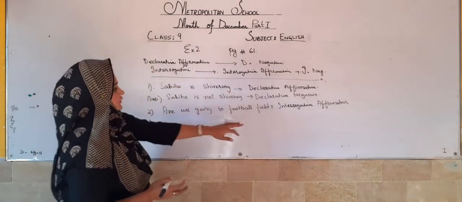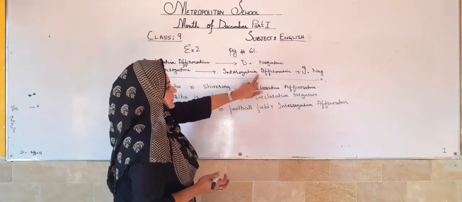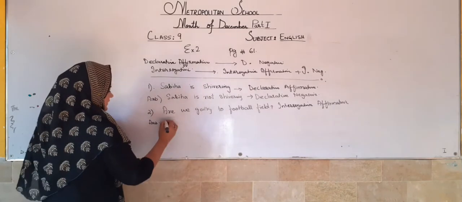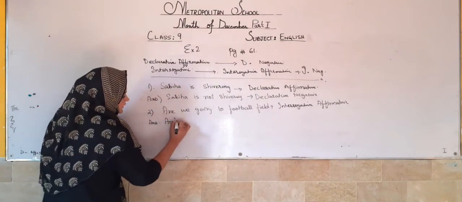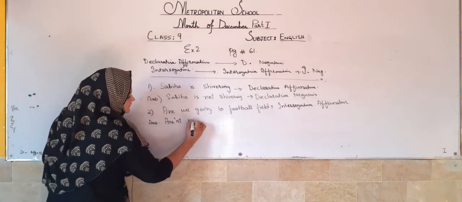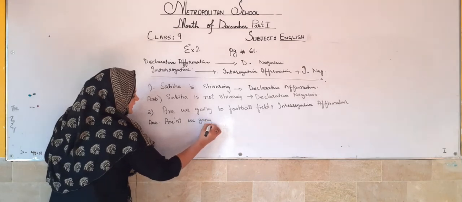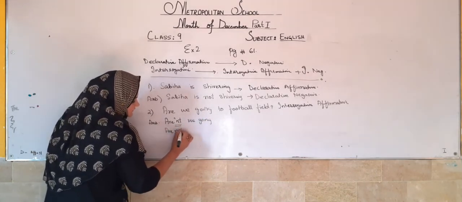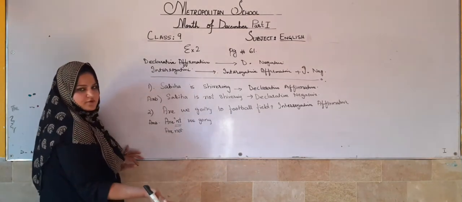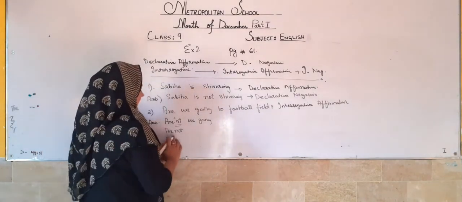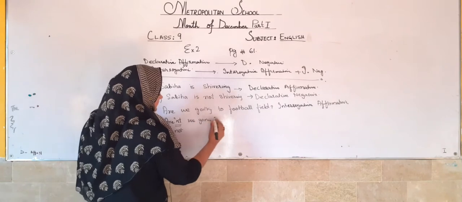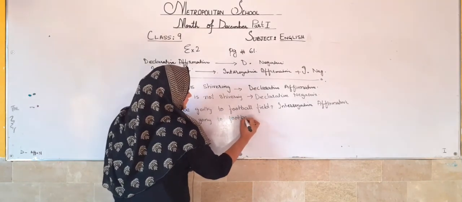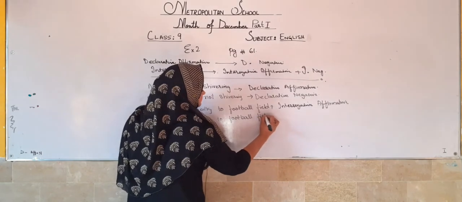Now I need to change it into interrogative negative. Affirmative will change into interrogative negative. Aren't we going? I have added not here. Okay, are not. If you don't like to use contraction, don't worry. Are we not going to the football field?